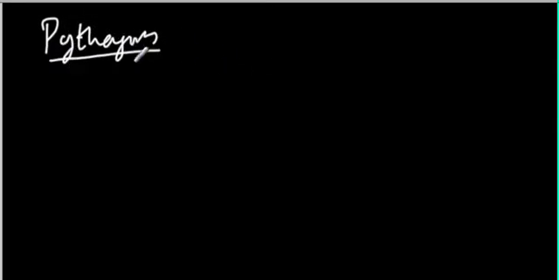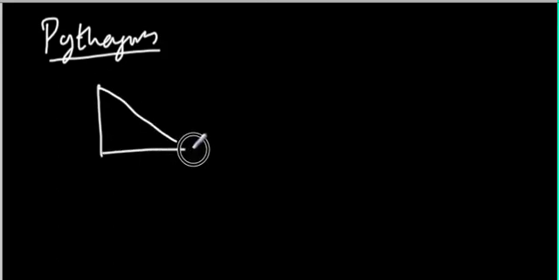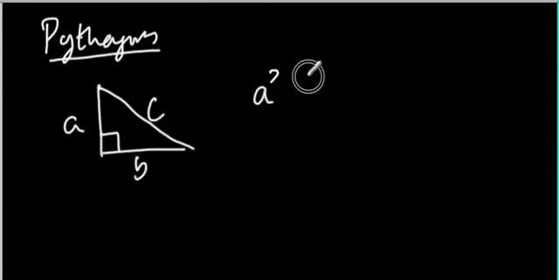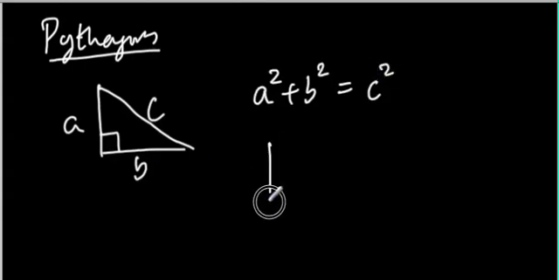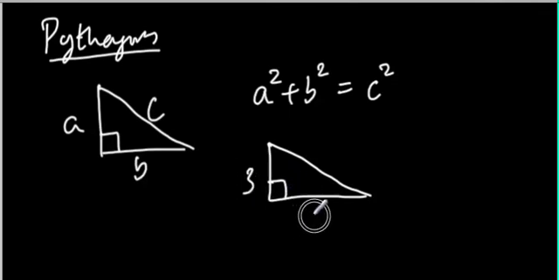The next thing I want to go over is Pythagoras. If we have a right angle triangle, it's extremely important to have a right angle triangle, and this is A, this is B, this is C. A squared plus B squared is equal to C squared. Say, for example, this is a classic 3, 4.